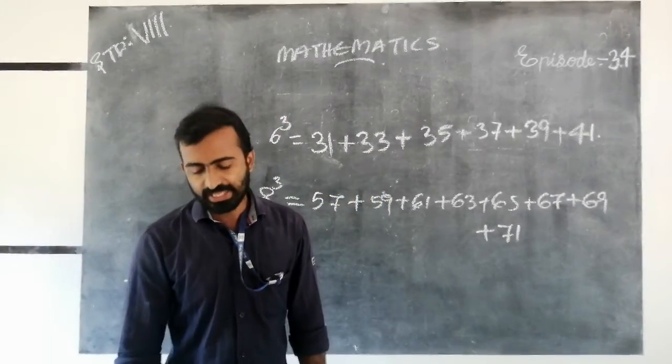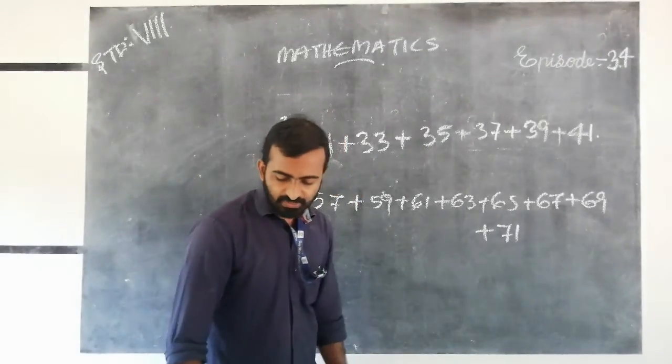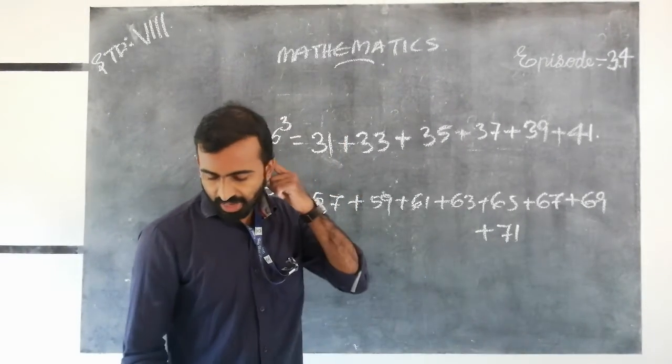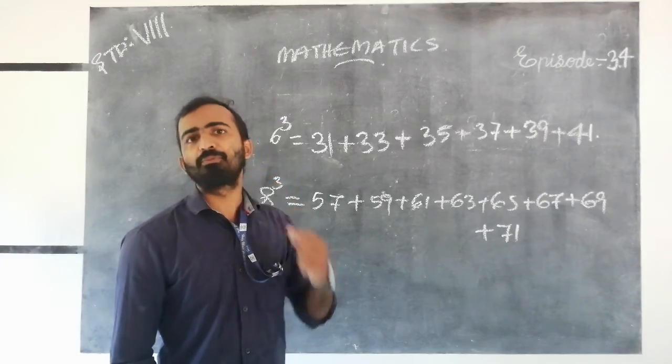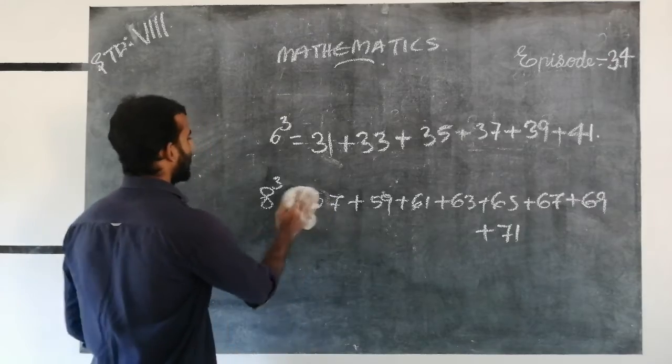And next is 7 cube. That is for your homework. You can write it starting from 43.